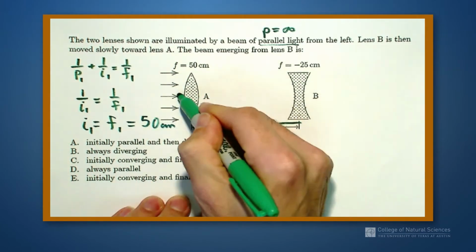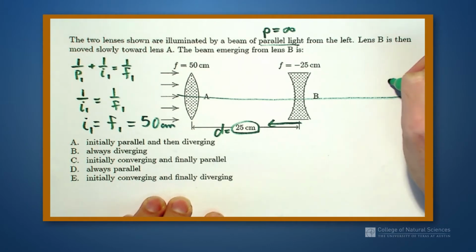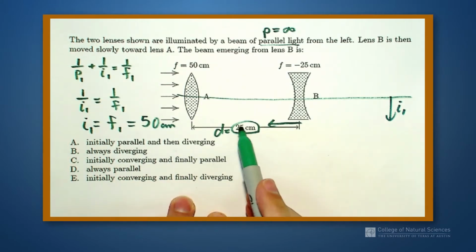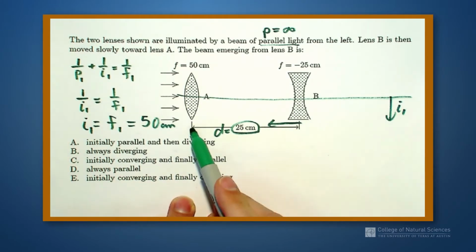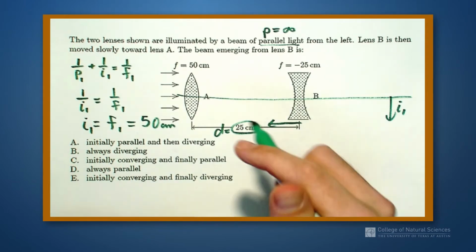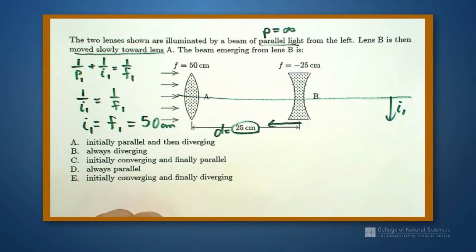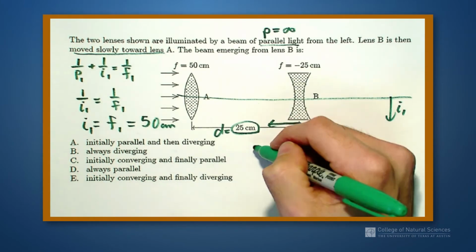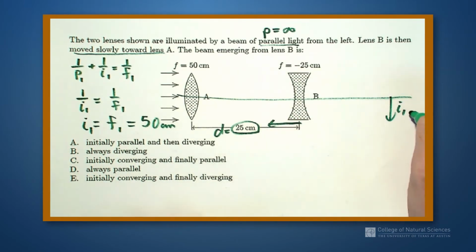So in my picture, that means my first image shows up way over here. 25 centimeters, I'm actually at a distance of 50 centimeters. So 25 to get here and an additional 25 to get there. Now I want to be careful because the next step is going to determine how hard it is to actually do this next step. I know that the image of the first is going to be the object of the second.